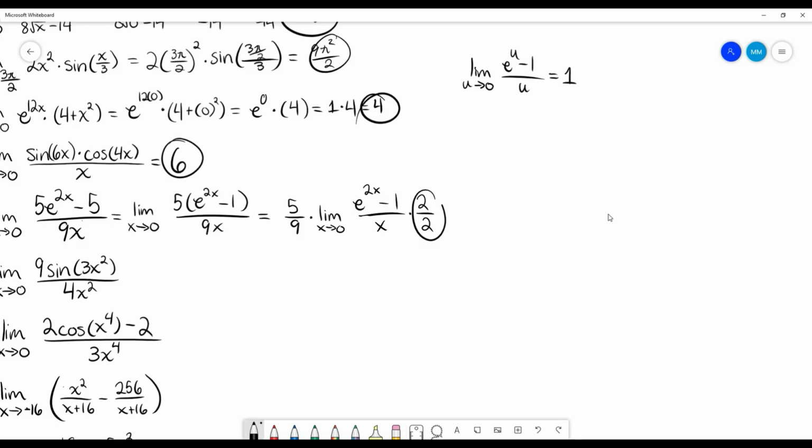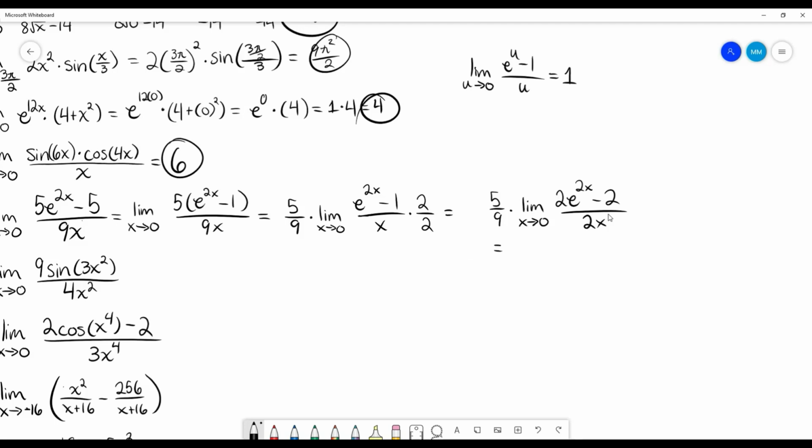So we're multiplying by this 2 over 2, which is doable because 2 divided by 2 is obviously 1. So we're not actually changing the value, we're just manipulating our function here. Which gets me 5/9 times the limit as x approaches 0 of 2e to the 2x minus 2, obviously, over 2x. And again, I'm going to factor out what's in that top part there and put it in front of our limit.